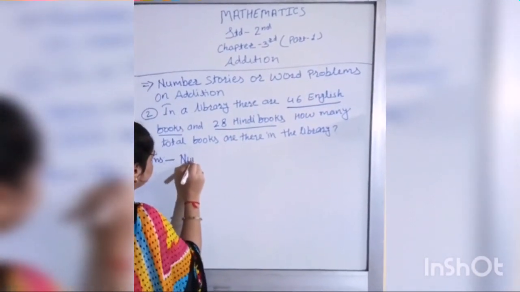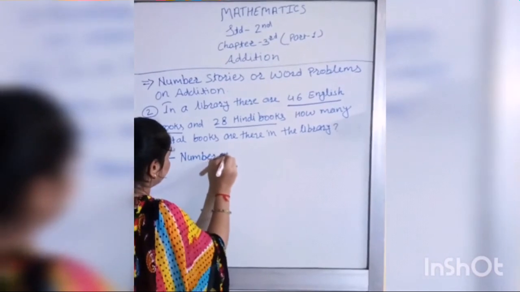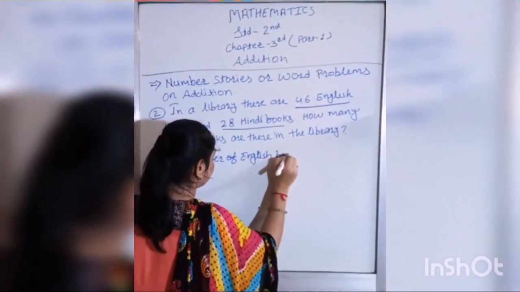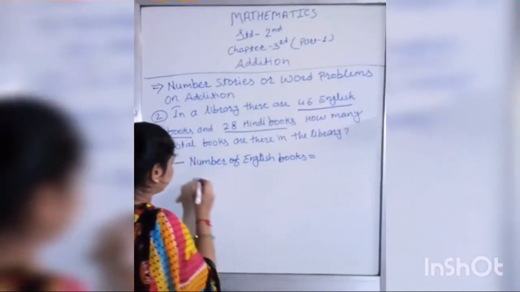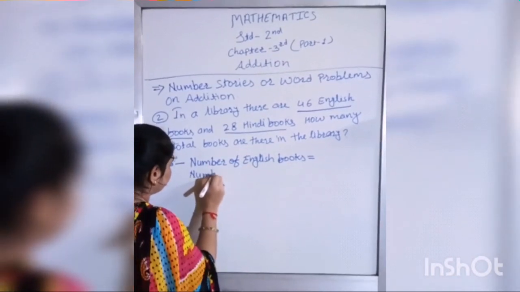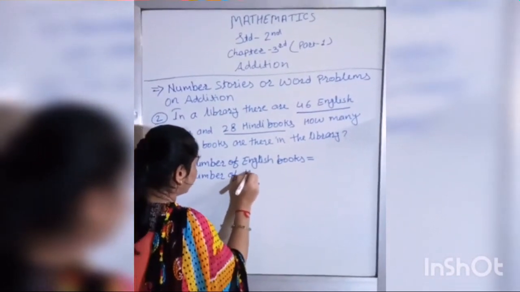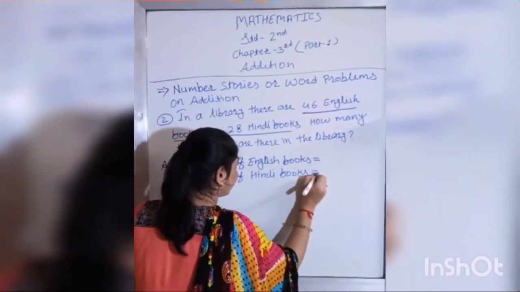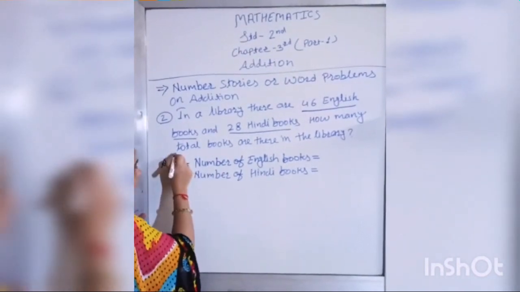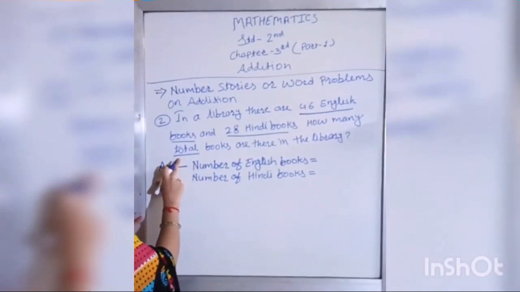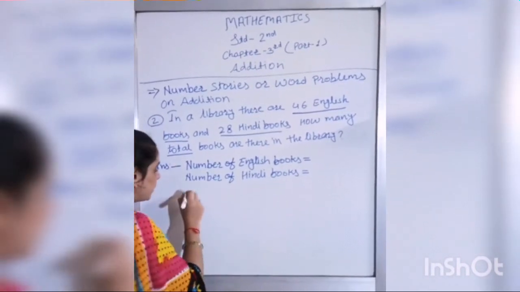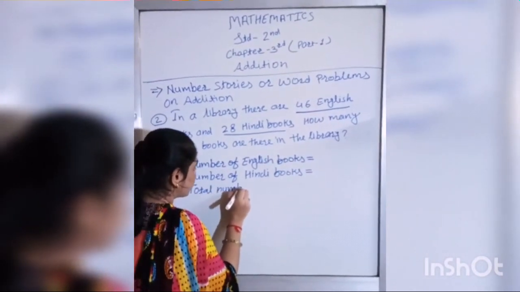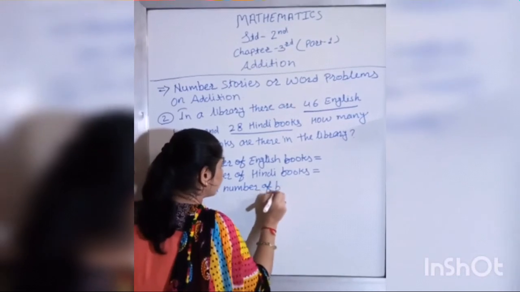Number of English books, and the number of Hindi books. What do we have to do here? We have to count the total number of books. Total means addition. Total number of books.